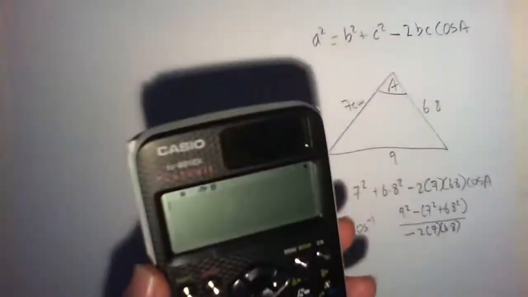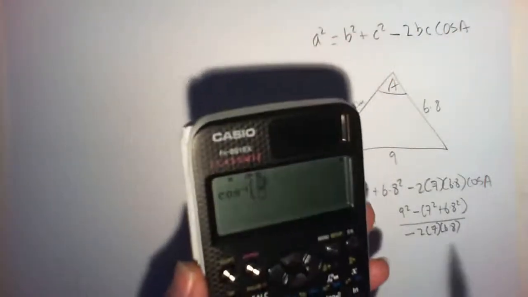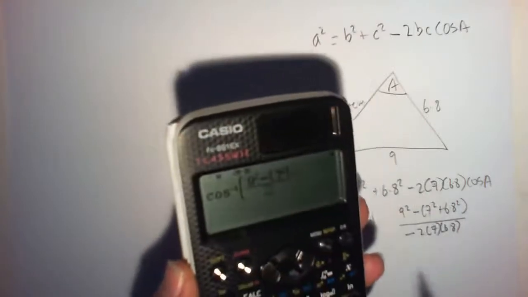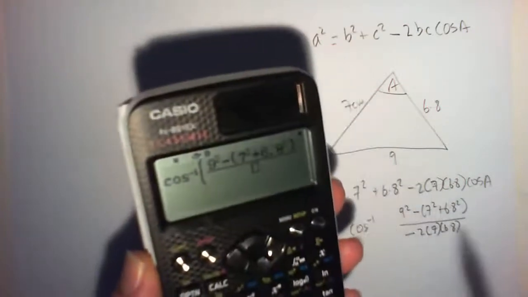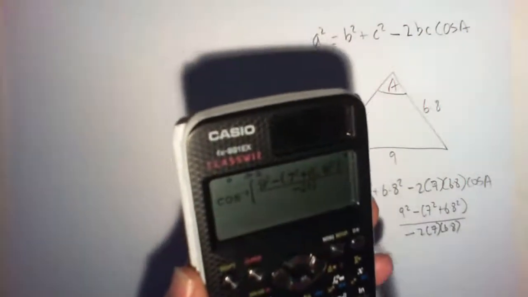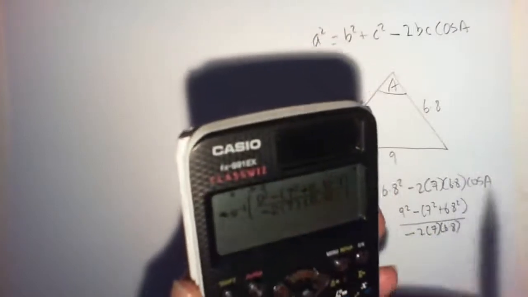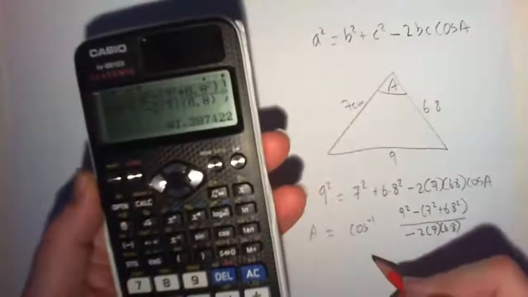You can do it in stages if you want, but you should be well able at this stage to do it in one go. 9 squared minus 7 squared plus 6.8 squared over minus 2, bracket, 7 by 6.8, close the bracket. 81.39 degrees.